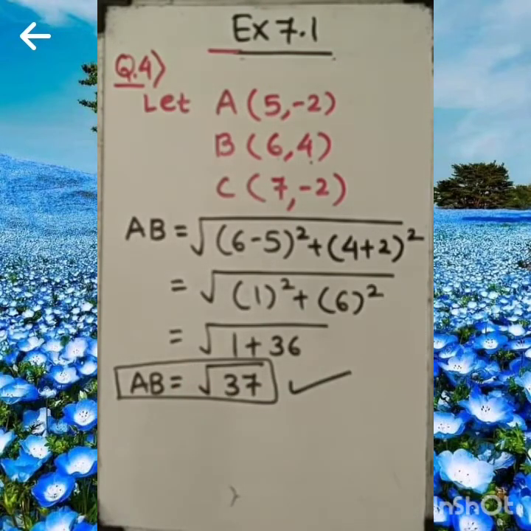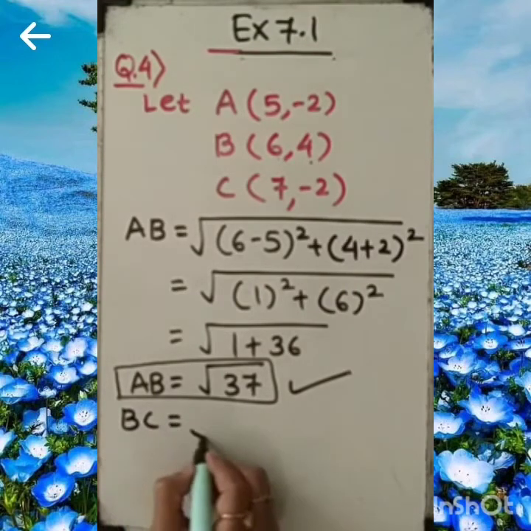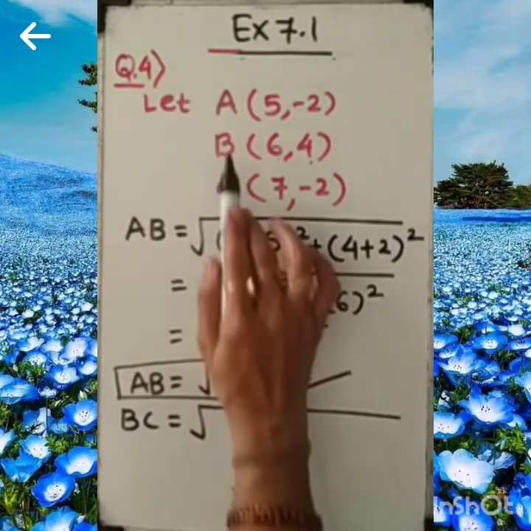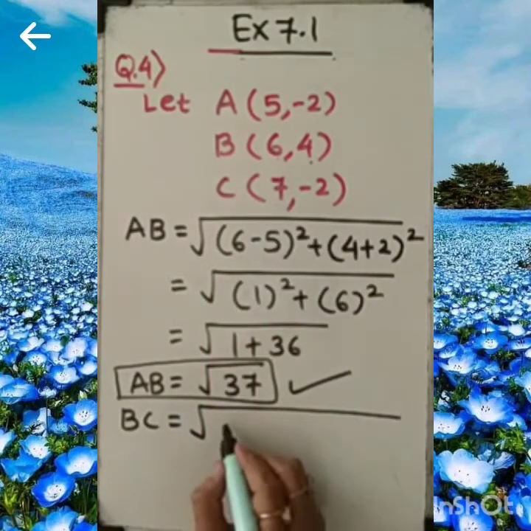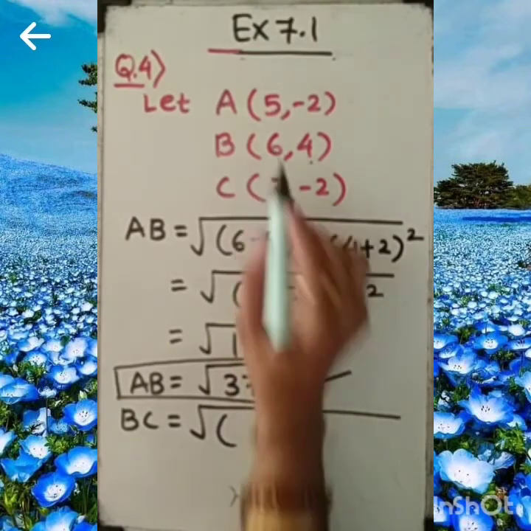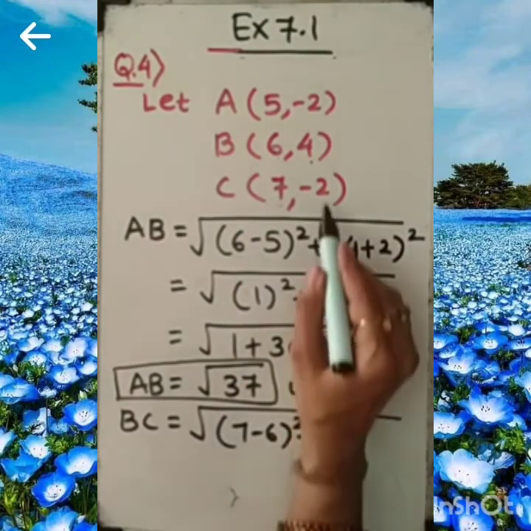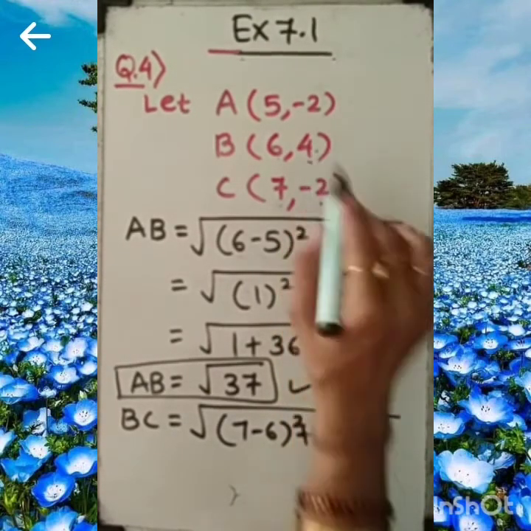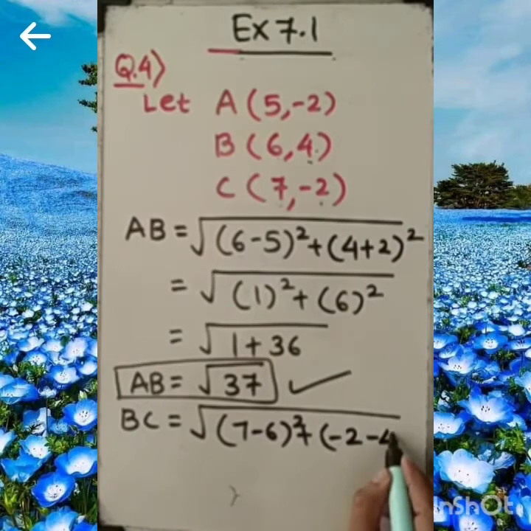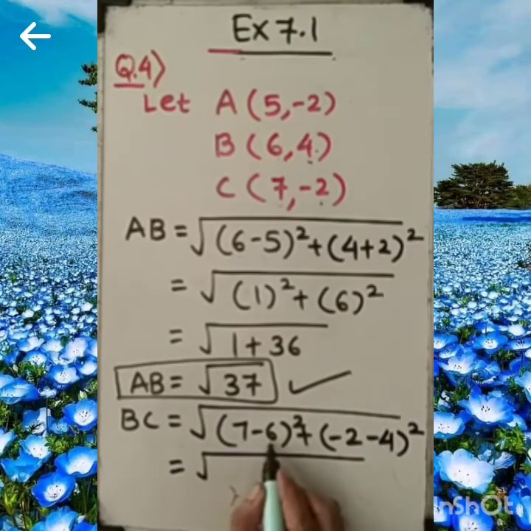Right? Now we are finding BC, the distance between B and C. So x2 minus x1: directly we need to mention (7 minus 6) whole squared plus (-2 minus 4) squared, because of the minus sign it will be minus. You know very well 7 minus 6 is 1.